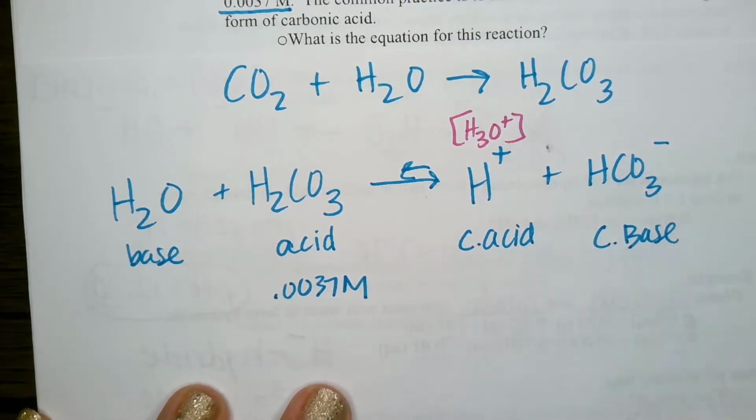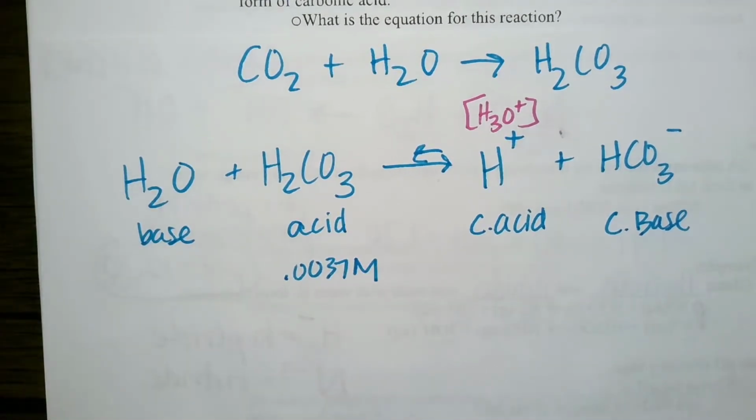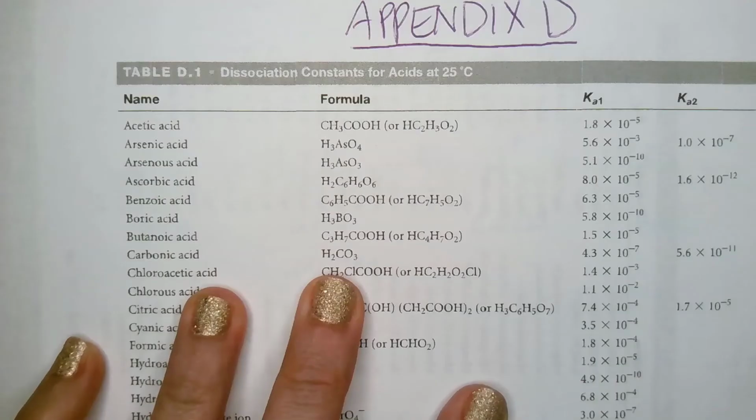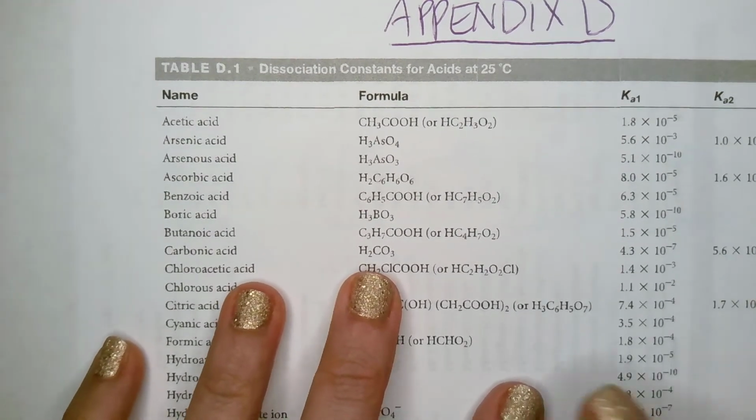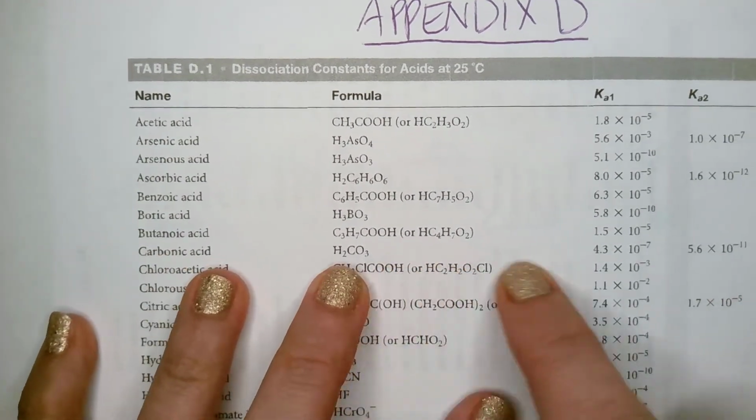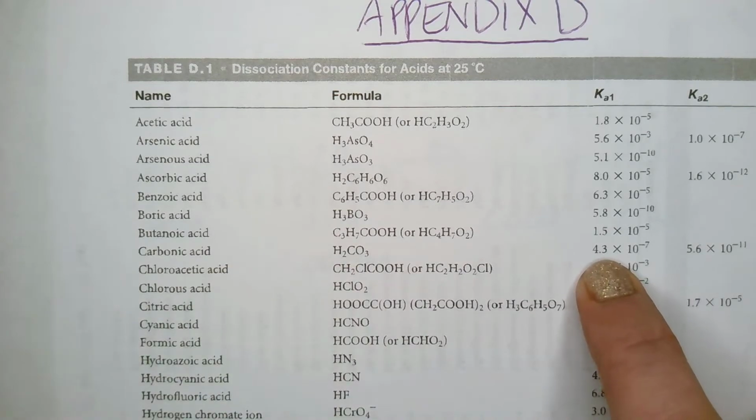And I'm going to need to look at our Appendix D here real quick to find Ka1. Looking at our chart here, we found carbonic acid H2CO3 with a Ka1 of 4.3 times 10 to the negative 7th.